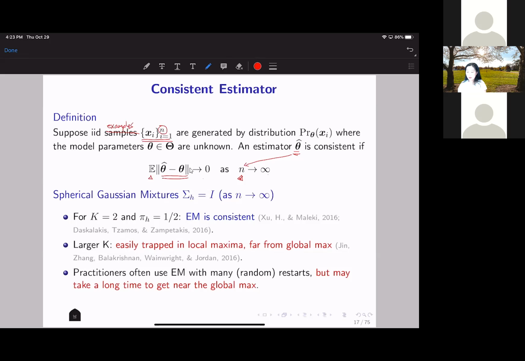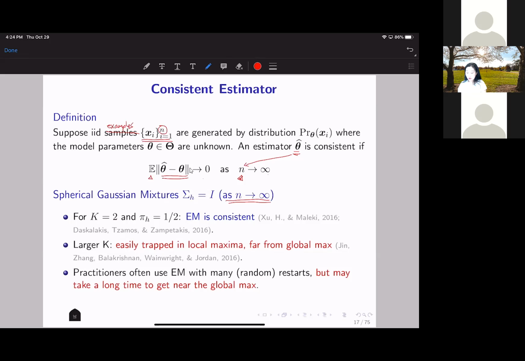Okay, so now that we know the consistent estimator, I'm going to tell you why even spherical Gaussian mixtures are so difficult to learn. Hypothetically, you observe an infinite amount of data.